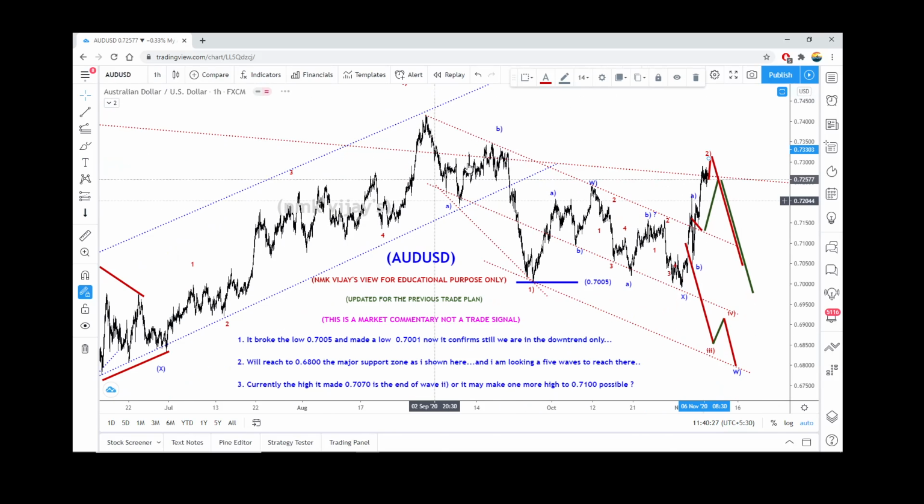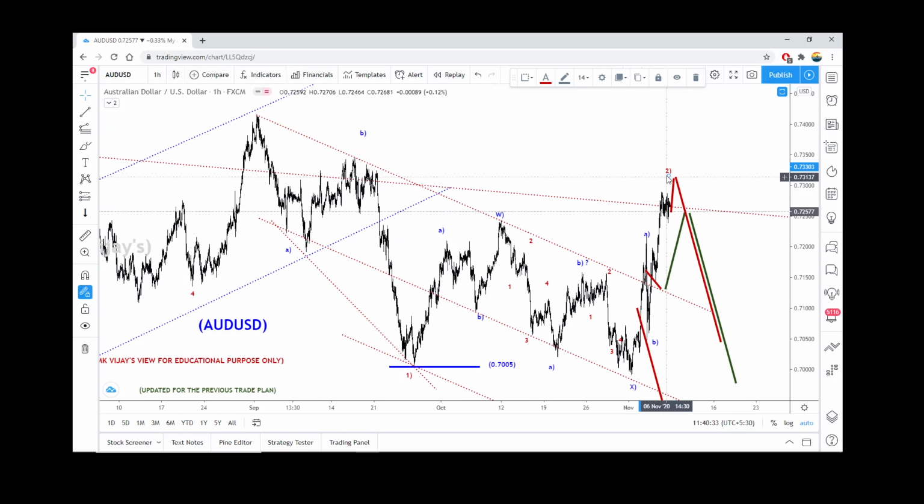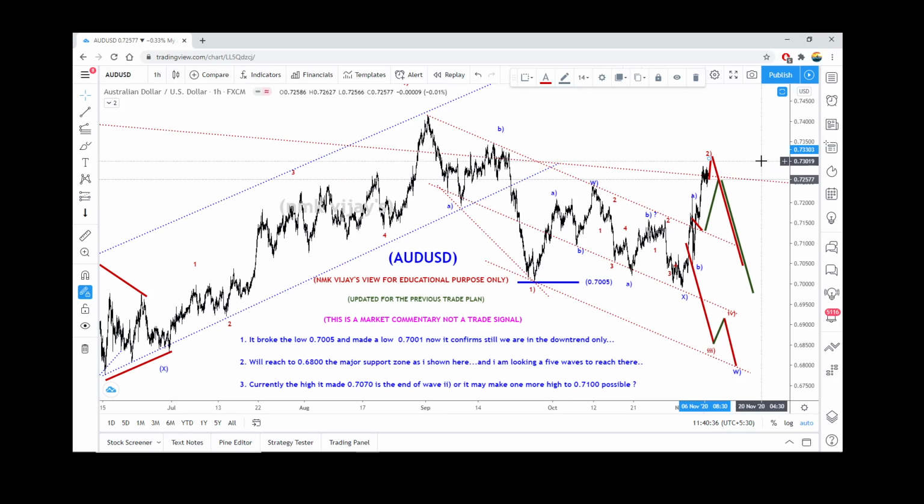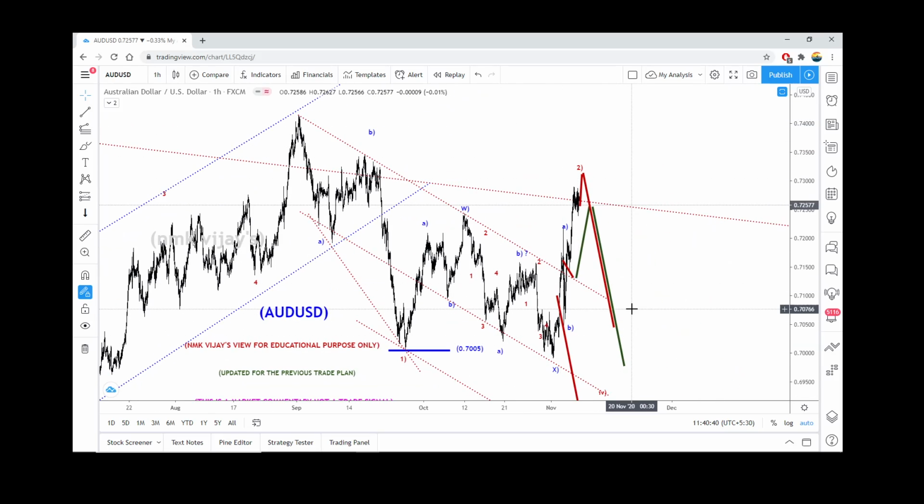So that could be an ABC as a 1, A, B, the whole thing becomes a B and D. So there is a lot of chance for making one more high, nearly to 0.73 is also possible, and then I'm looking for the drop.